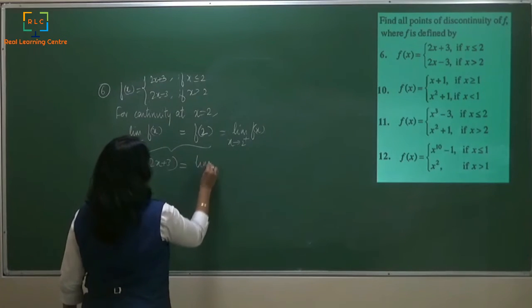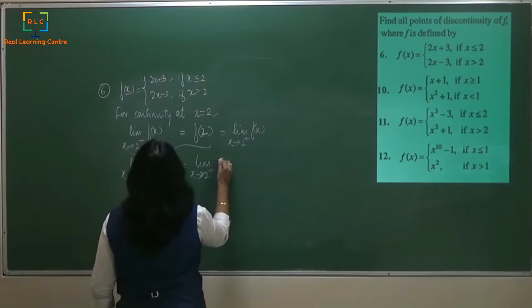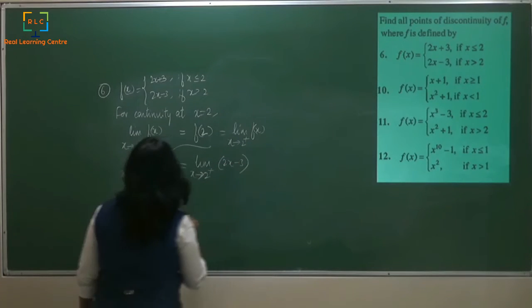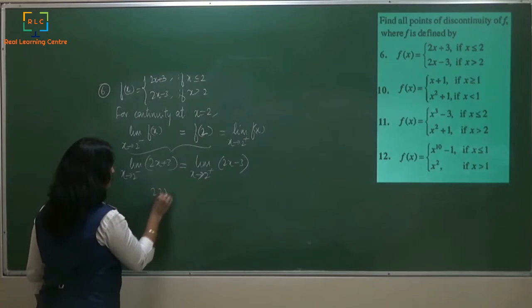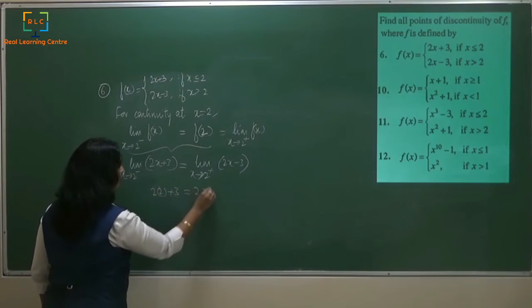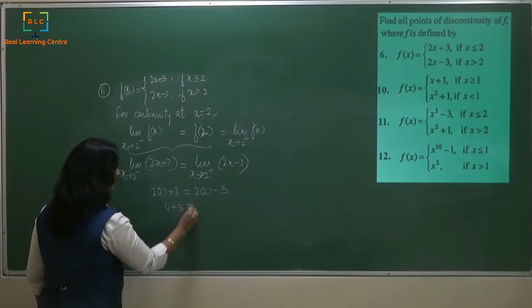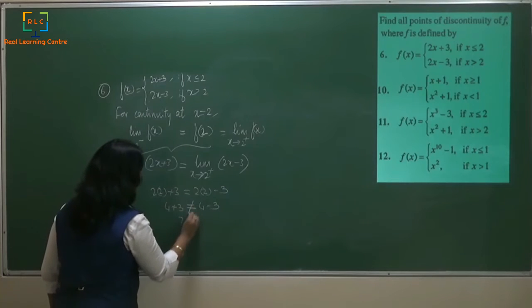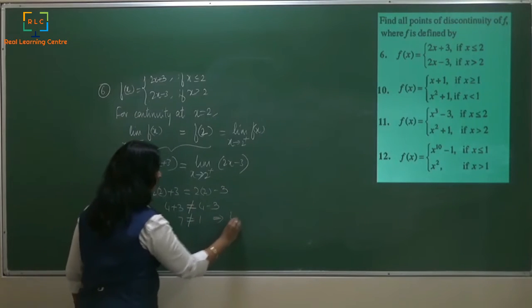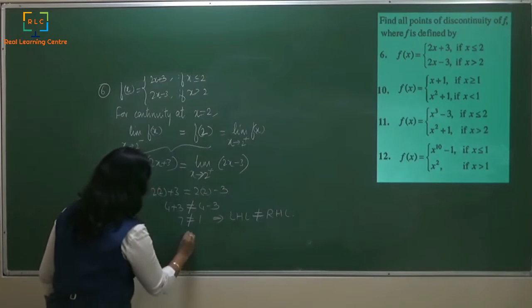So you have limit as x tends to 2 plus of f of x, means 2x minus 3. Okay, now I'll plug in x is equal to 2. So it is 2 into 2 plus 3 is equal to 2 into 2 minus 3. Are they equal? 4 plus 3 is not equal to 4 minus 3. That is, 7 is not equal to 1, implies left hand limit is not equal to right hand limit. Therefore, the function is not continuous.